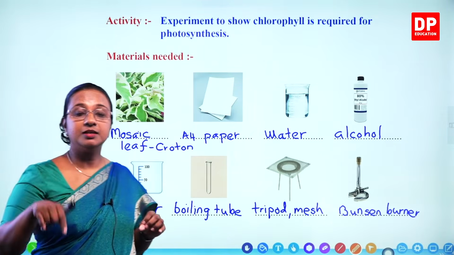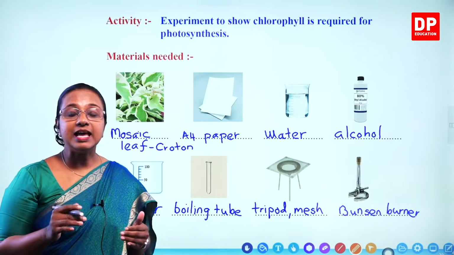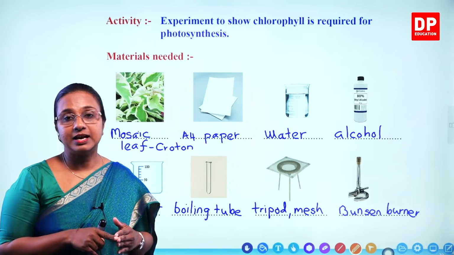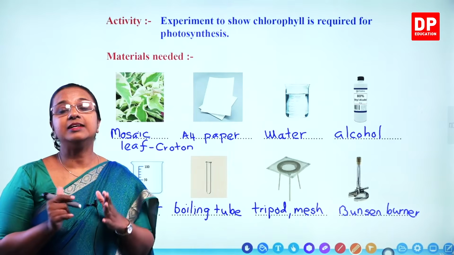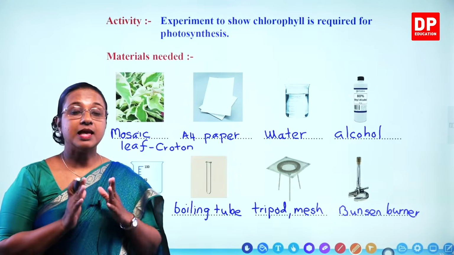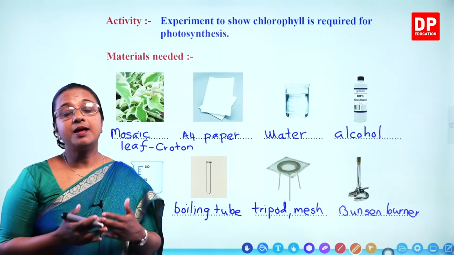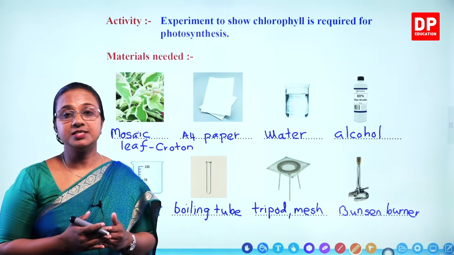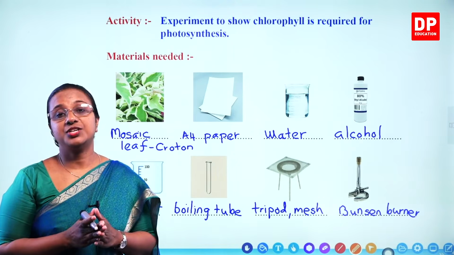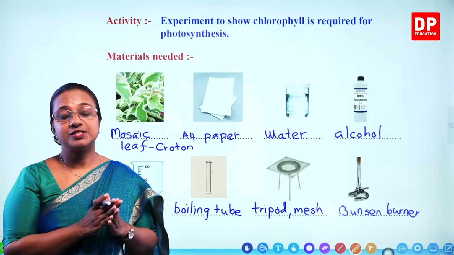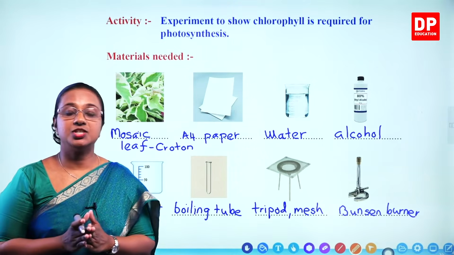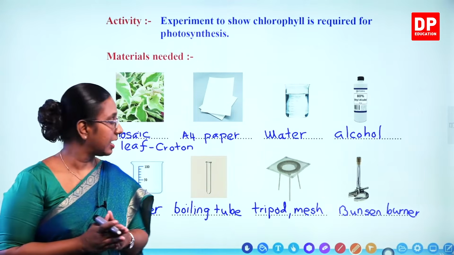We draw the outline and then we mark the areas which are yellow and green in color. That is very important, because once we prepare the leaf for the starch test, you cannot differentiate the region that was yellow in color from the region that was green in color.